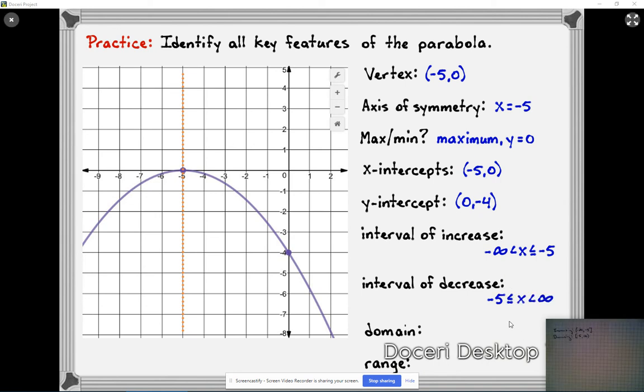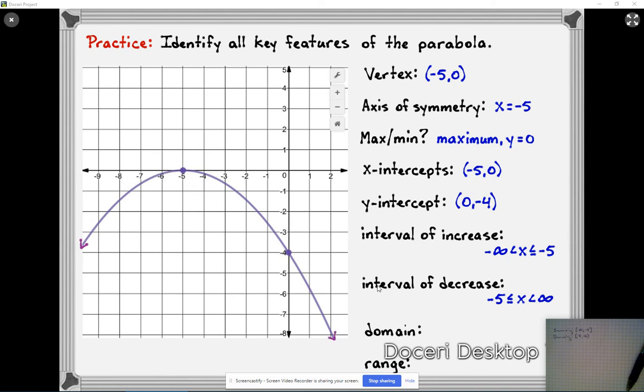infinity. For the domain of this guy, if we are going to look at where this parabola starts and stops, we would have to draw a vertical line over here somewhere. If this has arrows, and I'm going to go ahead and put arrows here so that we can see it, that means it goes on forever.